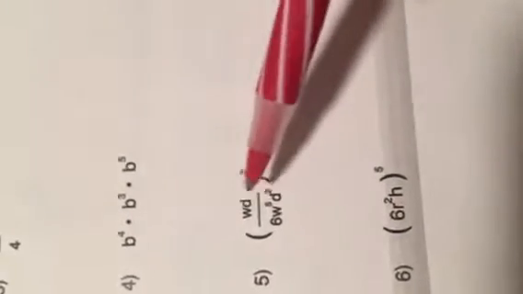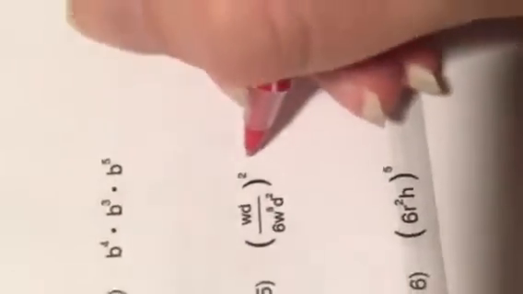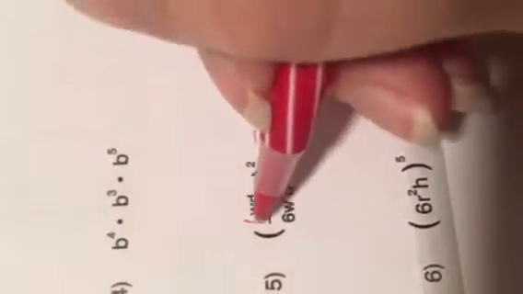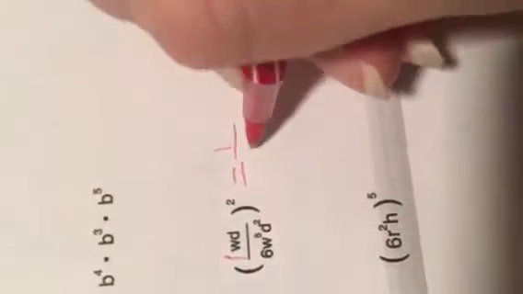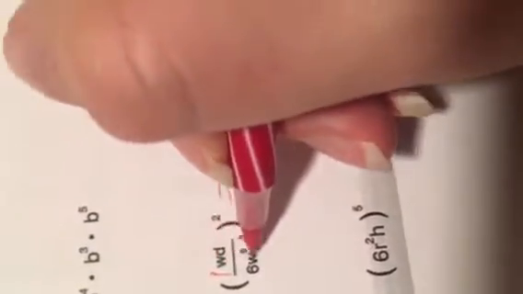Number 5 looks a little bit more difficult, but just remember, we're going to do what's inside the parentheses first and work our way out. So I have a coefficient of 1 and a coefficient of 6. 1 divided by 6, I'm just going to keep that 1 over 6. W divided by W to the 5th, remember, I subtract my exponents.